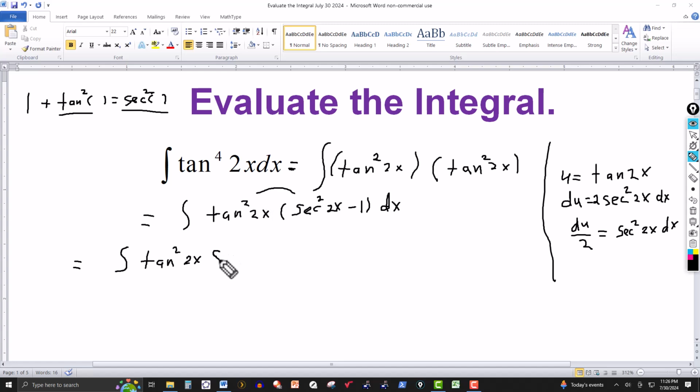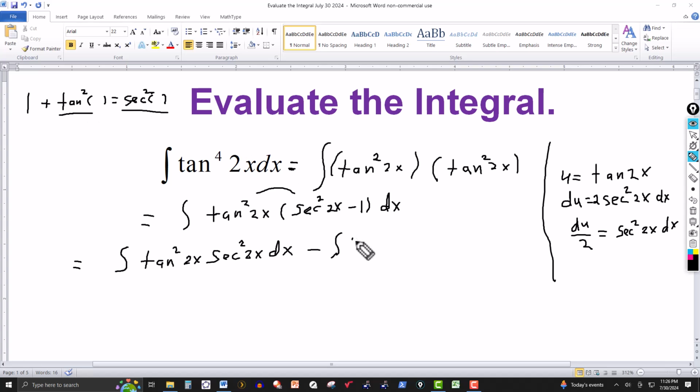So this will be secant squared of 2x, then dx. So I'm breaking it up into two integrals here. And then I've got minus 1 times the tangent squared. So this will be minus the integral. And then the tangent squared of 2x right here can be replaced by secant.